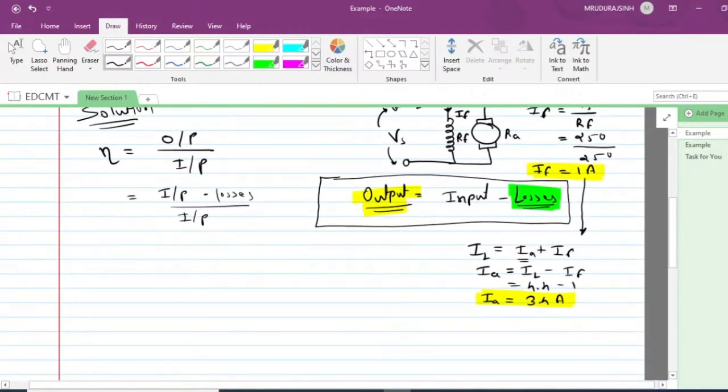So no load input power. What will be the equation for no load input power? It is the total voltage multiplied by no load current, V into IL0, the no load current.